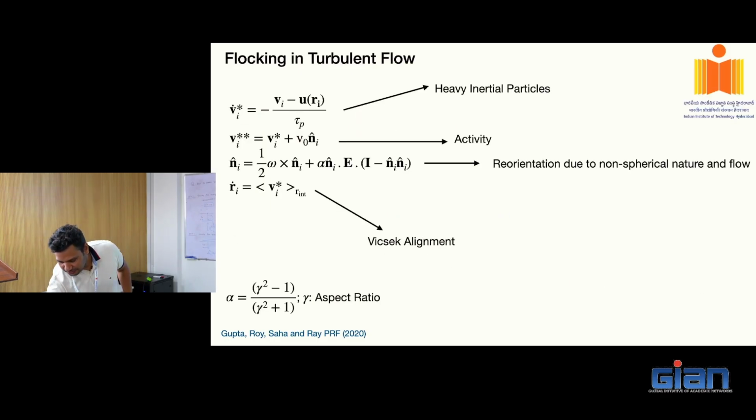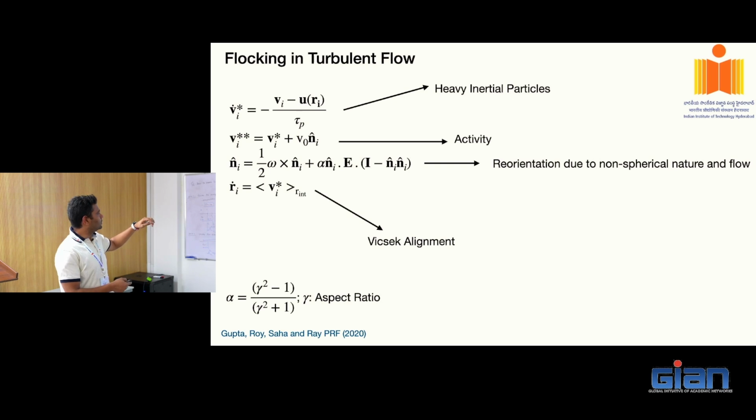Yeah, sure. The equations are a little complicated, so I will just go through them again. You take into account heavy particle information. You say that particles are heavy, so these are intermediate velocity steps. There is going to be an acceleration, and using that acceleration you compute your v star.